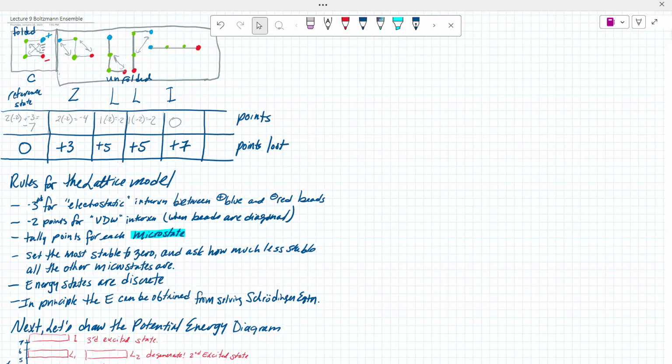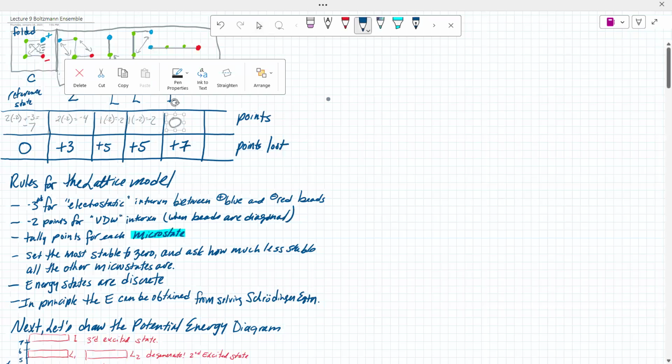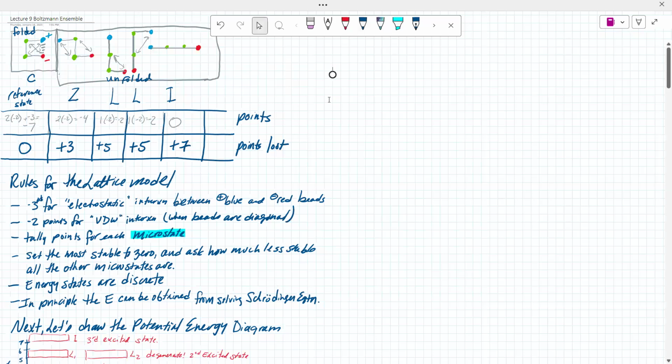So we actually worked this up for this system, and we had this reference state, which is our folded protein, which we defined as having something like van der Waals interactions. We also had electrostatic interactions, which became important because we declared what was happening with the charged beads. Then we also looked at a number of unfolded ones, represented by these possible configurations, which represent all possible configurations you could draw for this.